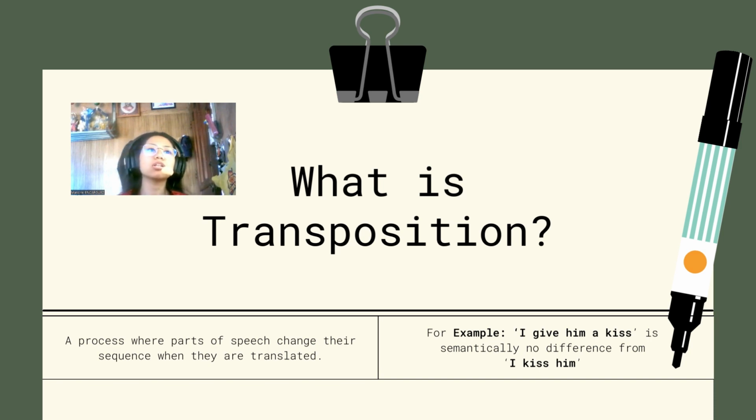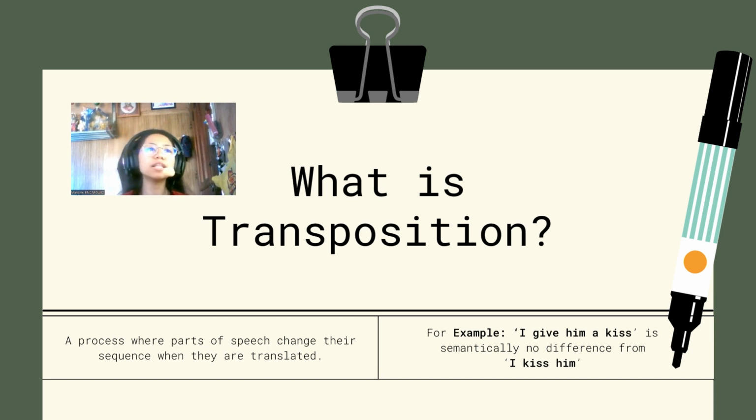This strategy can also be found within a language. For example, I give him a kiss is semantically no different from I kiss him, though the word kiss is changed from a noun into a verb.